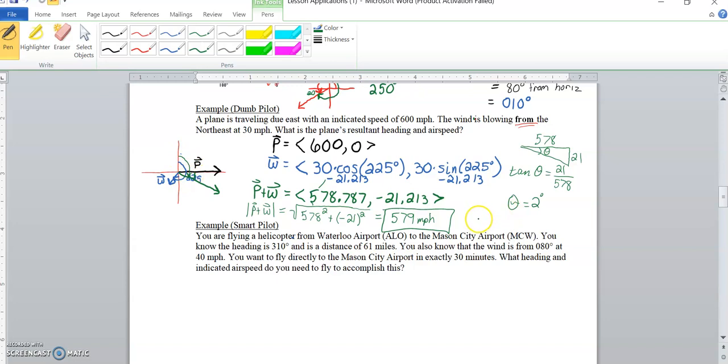So our heading is 92 degrees. Okay. So that is the heading, that is the direction. I will end this video and do a separate one for the Smart Pilot.